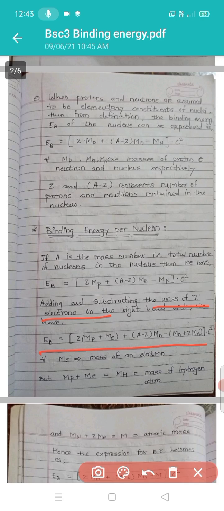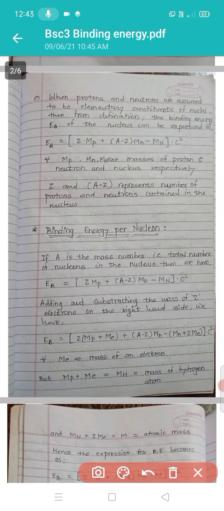Mp + Me represents Mh, the mass of the hydrogen atom, and M + Z Me represents the capital M, that is the atomic mass.